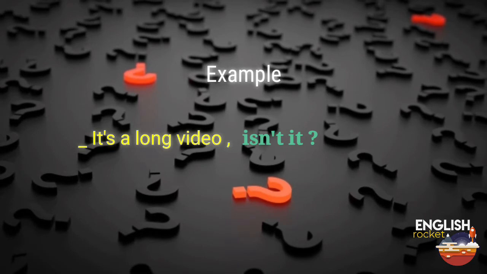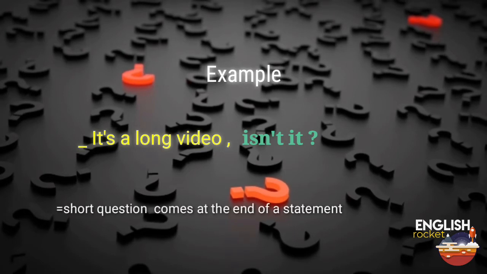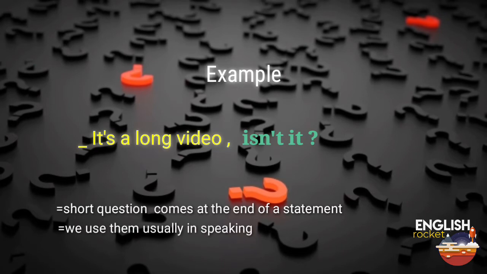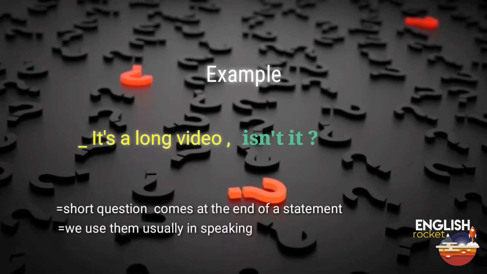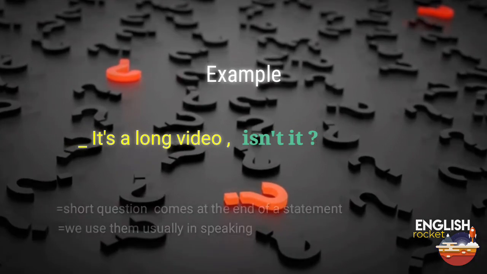And after all this explanation, that's what I'm expecting from you. Now you know that the question tag is a short question that we are adding at the end of a sentence. And we are using them usually in speaking, which means when we are talking, not writing.